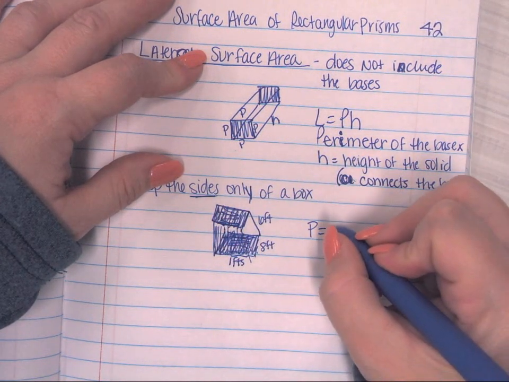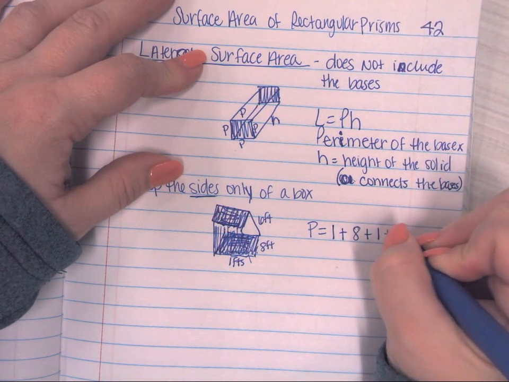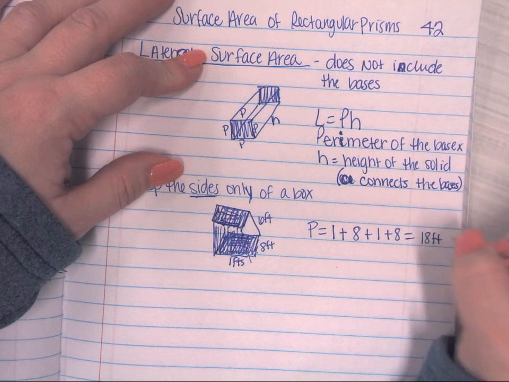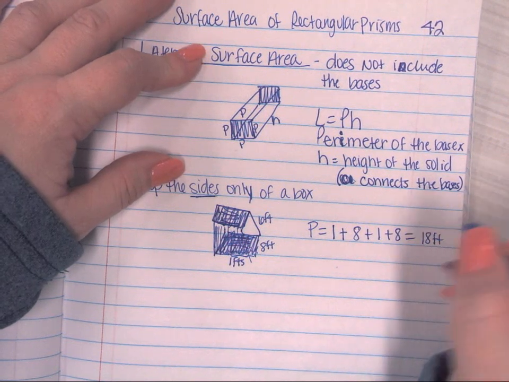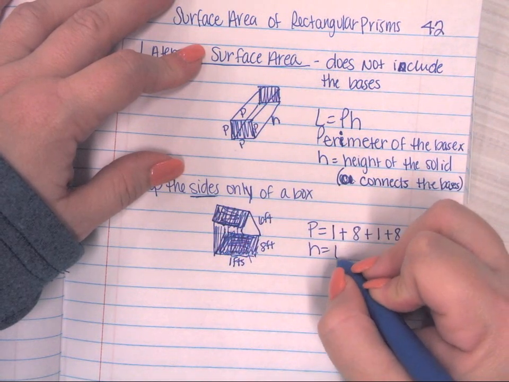Okay. So it has 4 sides. 1 plus 8 plus 1 plus 8 is equal to 18 feet. And then I have to know the height. The distance between these two, how tall it stands, is 6 feet.